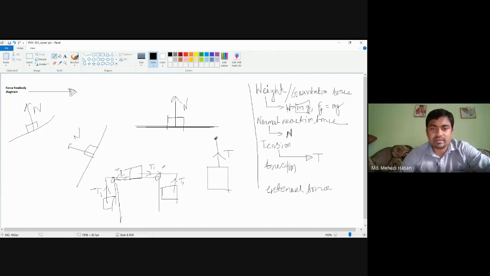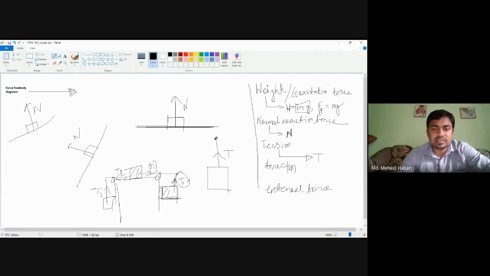From that drawing, we can say it is the same tension T1 for both objects, but the directions are different depending on the system. Here the suspended point for that object is along that direction, so the tension will be away from the object, in the outward direction. For that other object, the suspended point is upward, so the tension is upward.